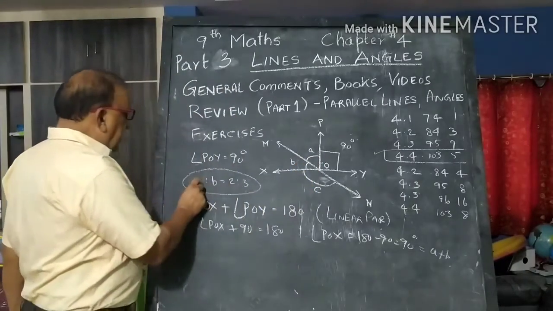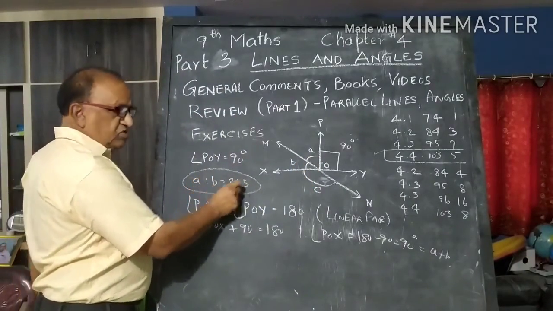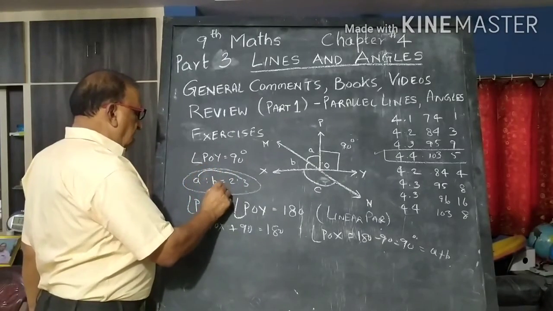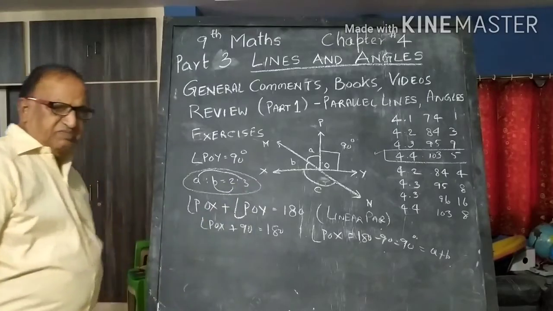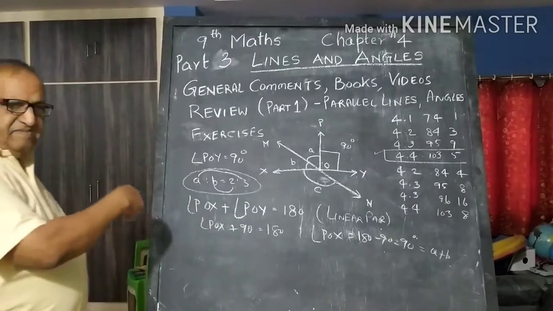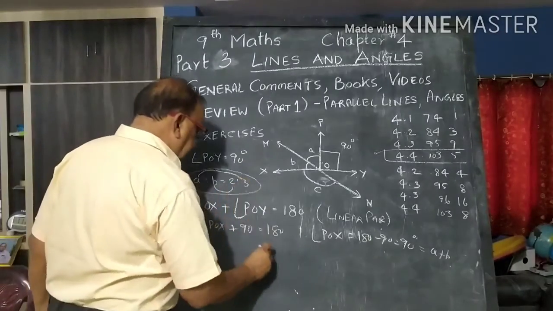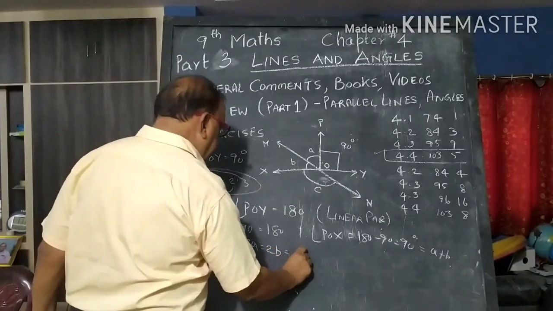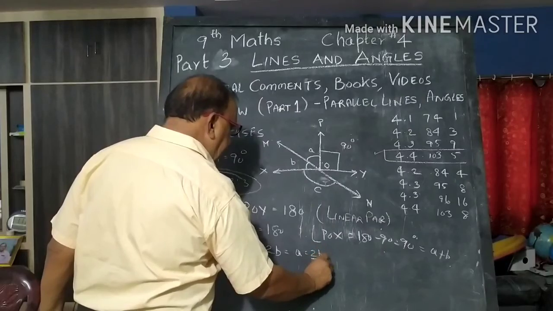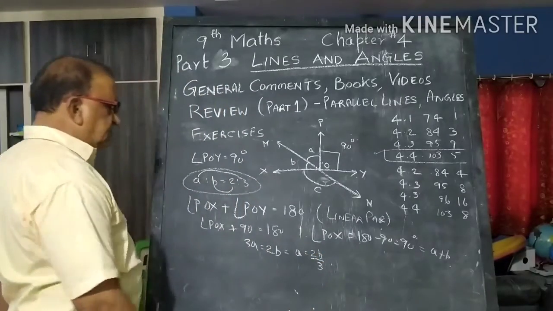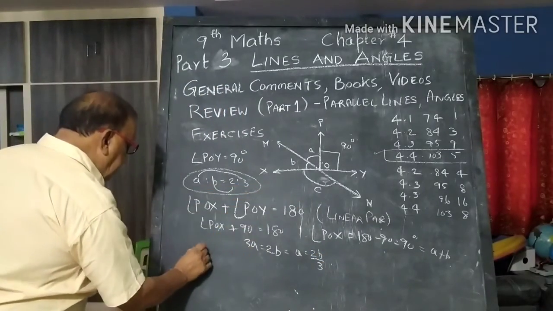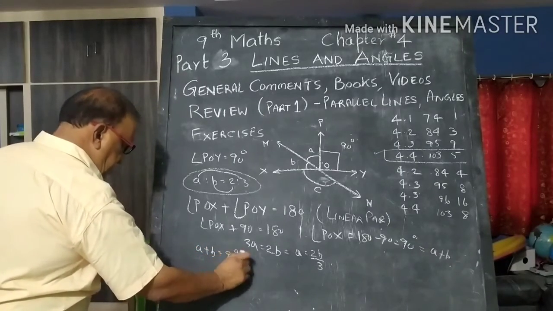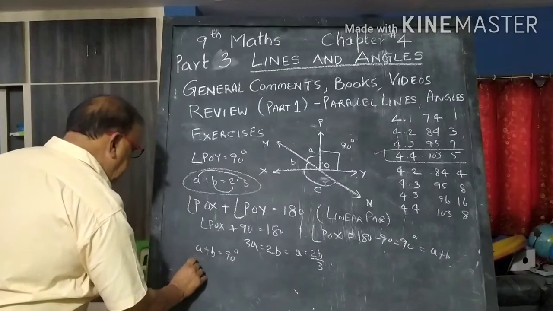But here it is given angle A is to B, so 2:3. That means the product of the extremes is equal to the product of the intermediaries. So 3A is equal to 2B, or A is equal to 2B by 3. Now if you substitute that value there, A plus B is equal to 90 degrees. A means 2B by 3.